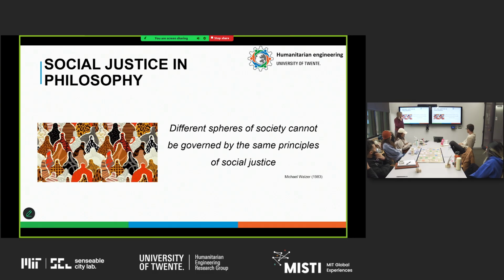So we have Michael Walzer talking about different spheres of justice. He basically says there are different spheres of society that cannot really be governed by the same principle of social justice, because of different cultural identities, they all have a different understanding of what social justice means to them.